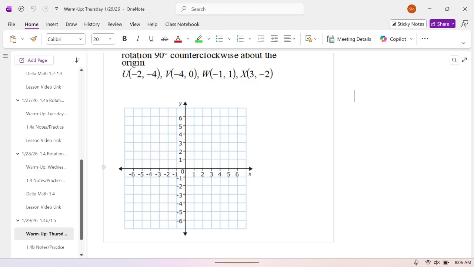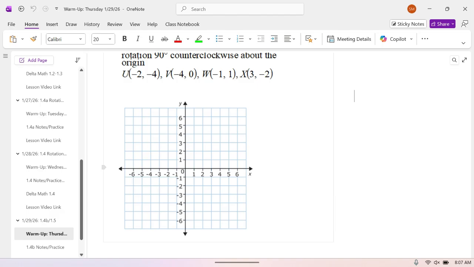All right, so it's going to quadrant 3. So that means the signs have to be what? Negative. And then what's the numbers look like? 1, 1. All right. So it'd be at -1, -1. So right here, that's W prime.